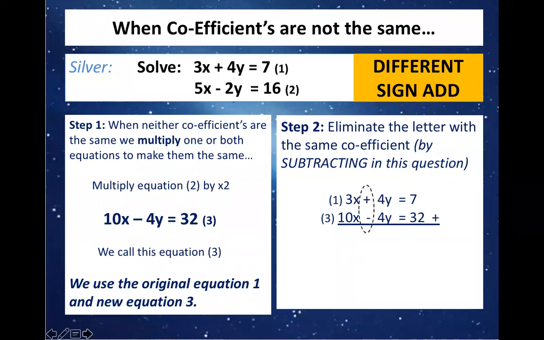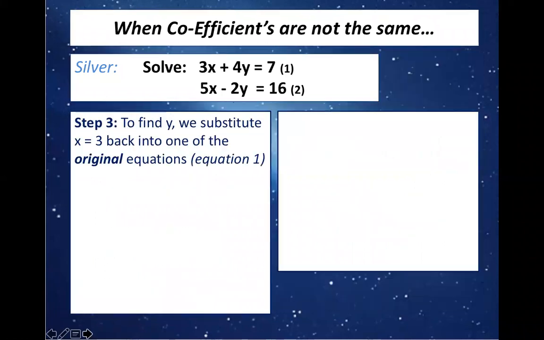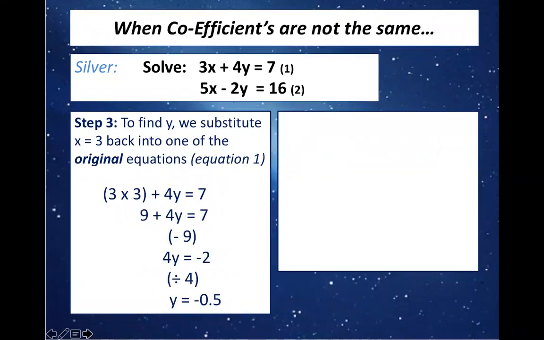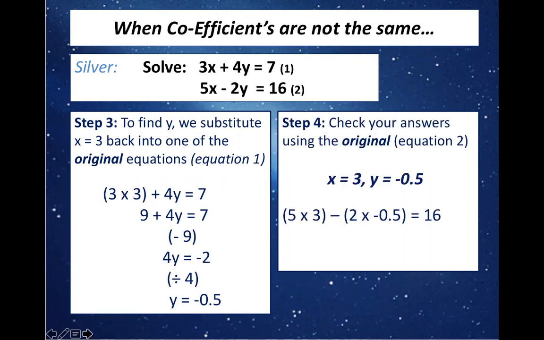Okay, so I add them. So 13x equals 39, x is equal to 3. And then to find y, I substitute back, and then I get my y value, and then I check my answer if it's correct or not.